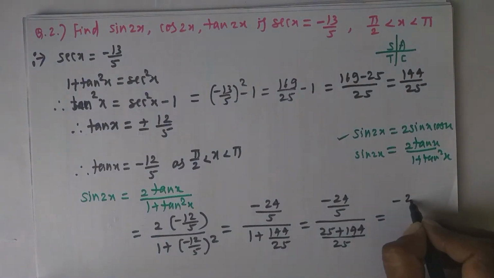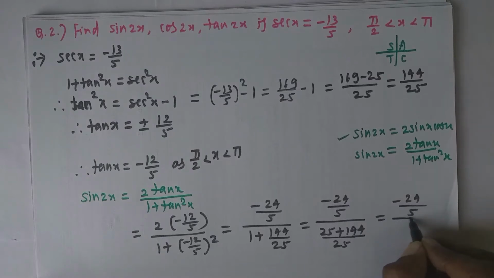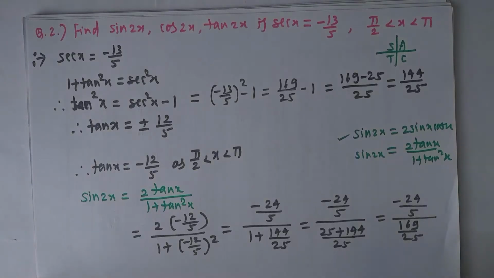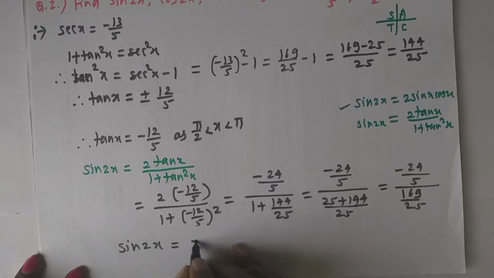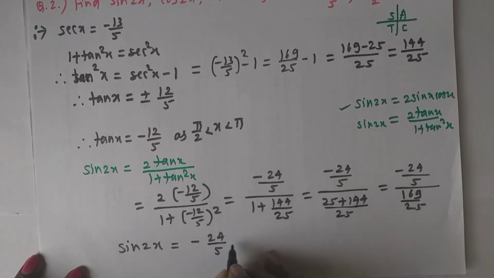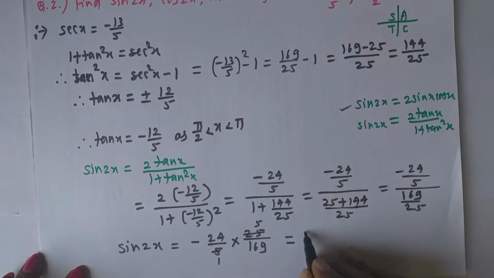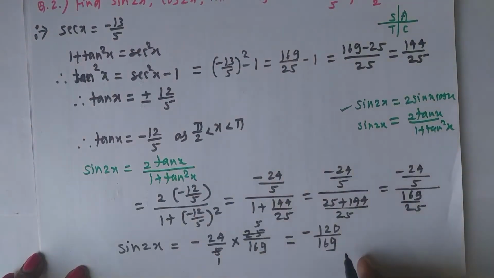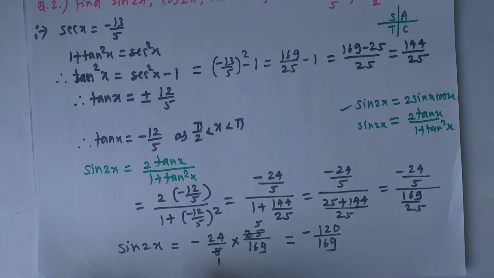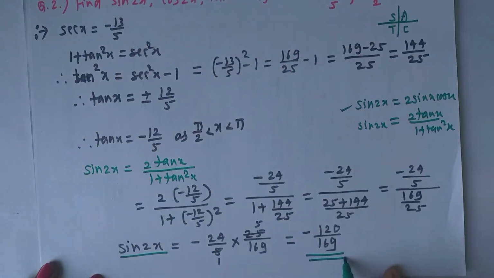Now after simplification, minus 24 divided by 5 over 169 divided by 25. Therefore, sin 2x will be minus 24 divided by 5 into 25 divided by 169. Now simplify this. This will be minus 120 divided by 169. In this way we have got the value of sin 2x: minus 120 divided by 169.